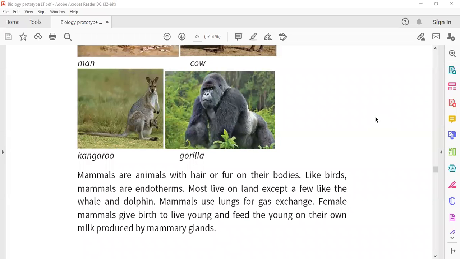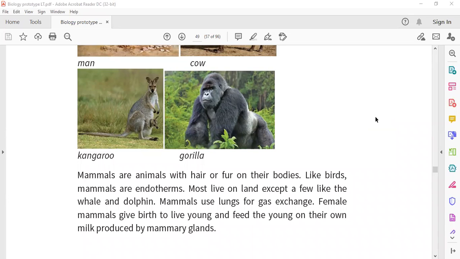So that's why they belong to class Mammalia. That is true. Then fur on the body enables them to maintain a relatively constant body temperature. That's why they are endotherms.